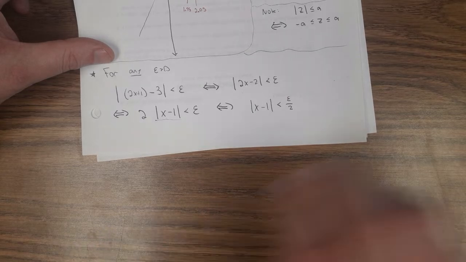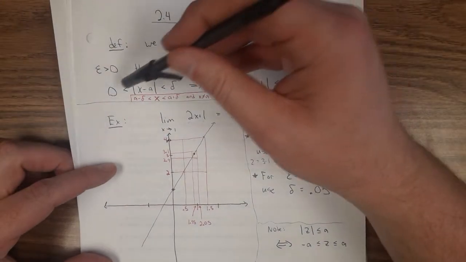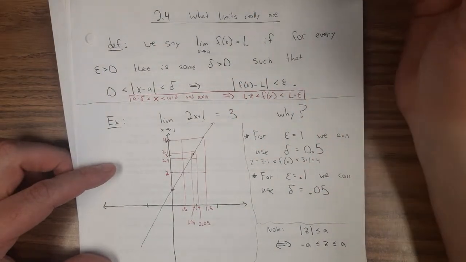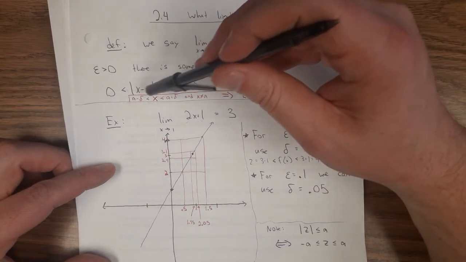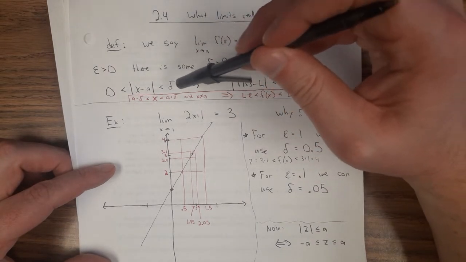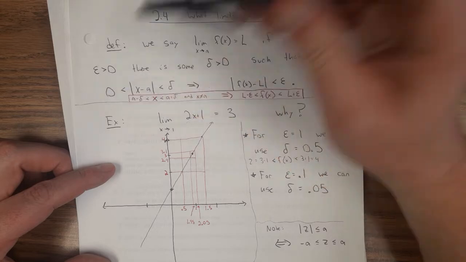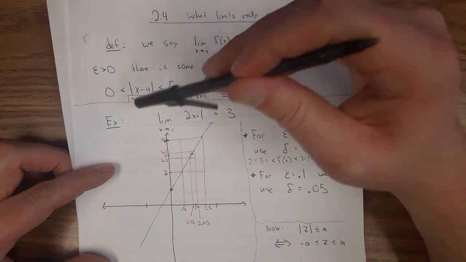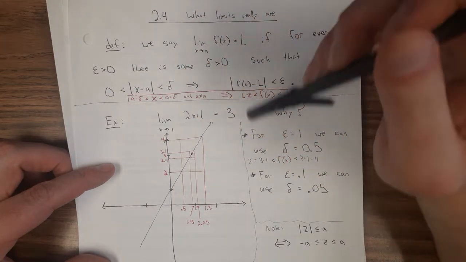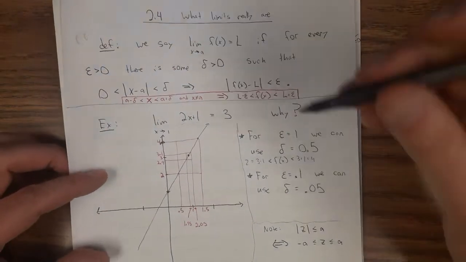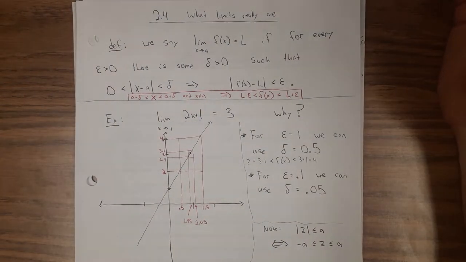But let me call your attention to something. Of course, in the definition, this has this extra requirement. It's not just absolute value of x minus a is less than delta. It also has to be greater than 0. And like that implies this. But that's really not an issue here.